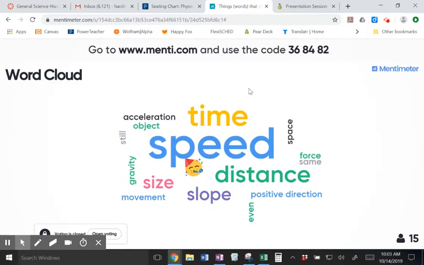All right, what do we got here? So we got speed, time, distance, slope, sign. Those are kind of the most common things up here.